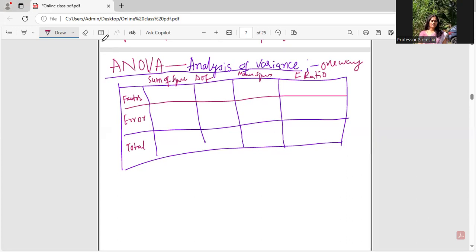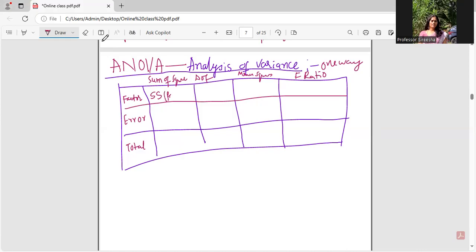If you want to jot down the difference or whatever in a more appropriate way, we'll go with the analysis of variance. So basically, what are the steps of ANOVA? Let me give an outline. There is something called sum of squares, degrees of freedom, mean squares. Okay, so there are three criteria that you have to calculate.